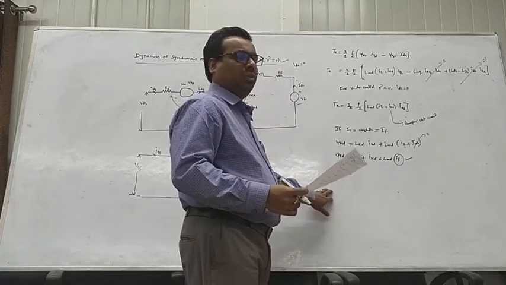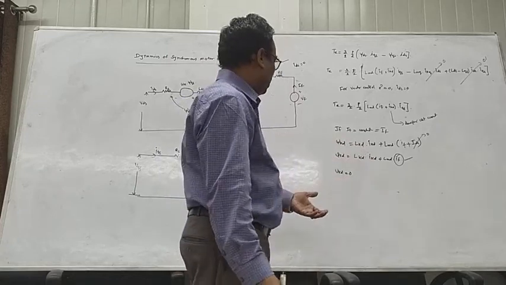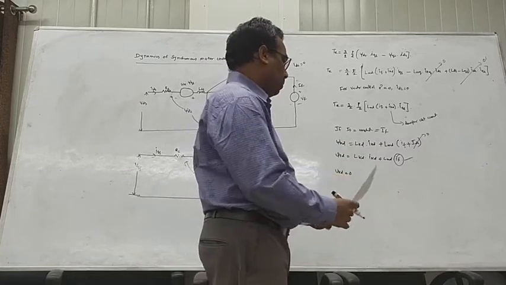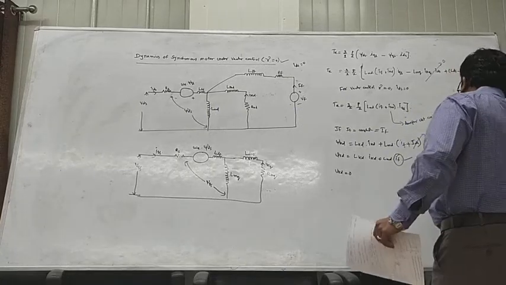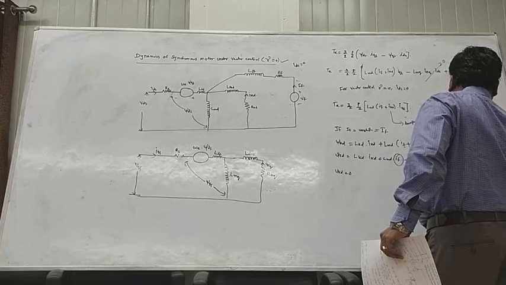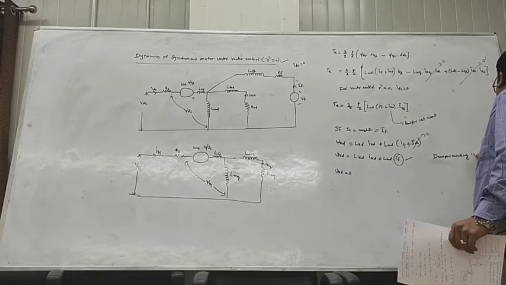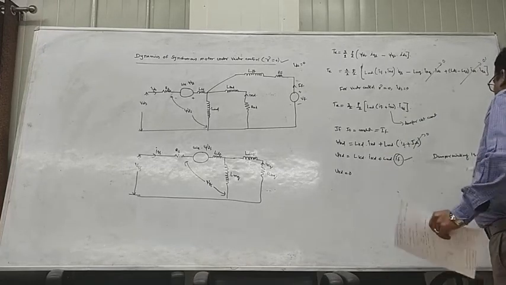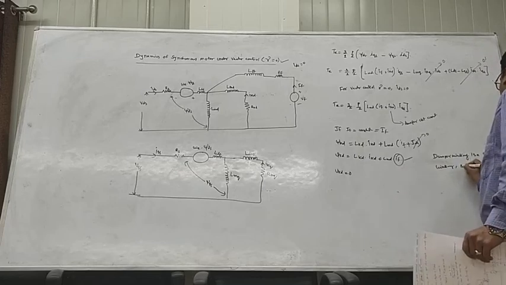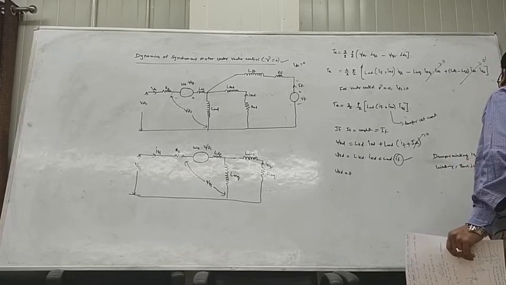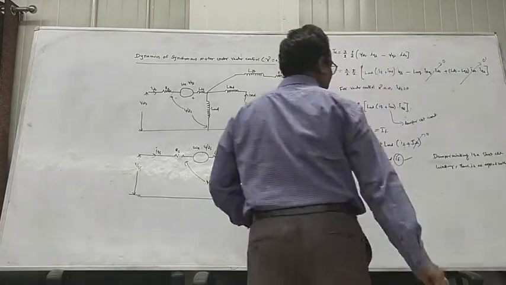The damper winding is a short circuit winding, so there is no applied voltage. That's why the VKD value is equal to 0.